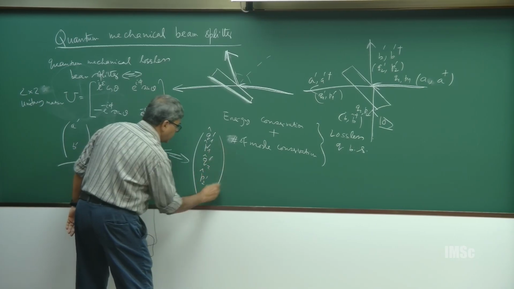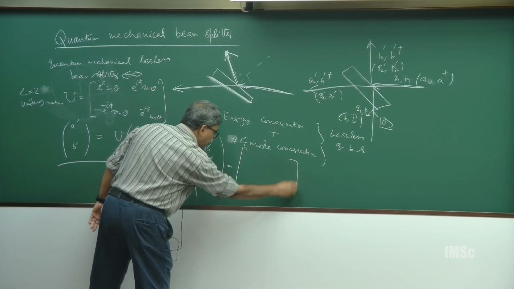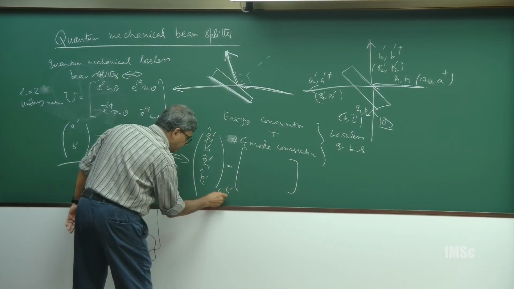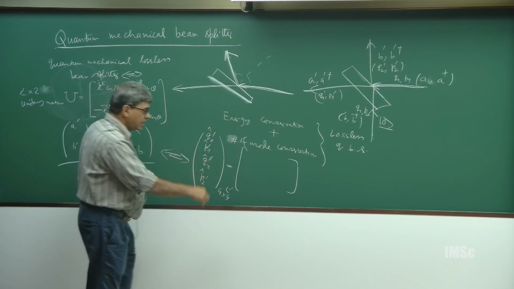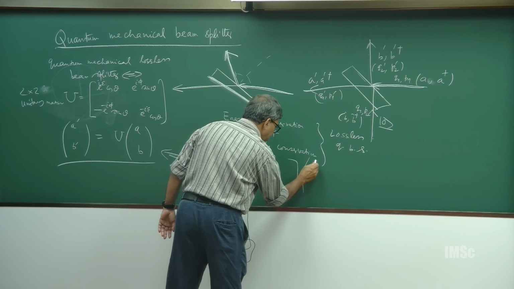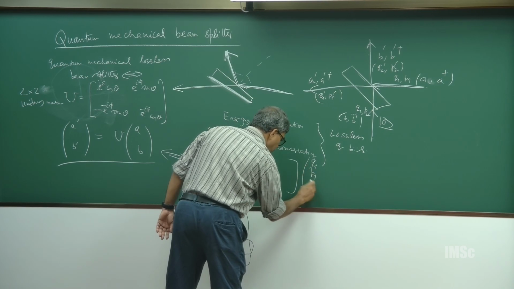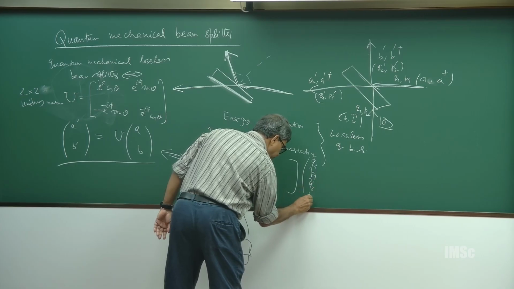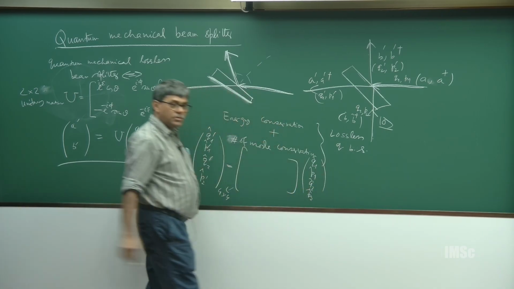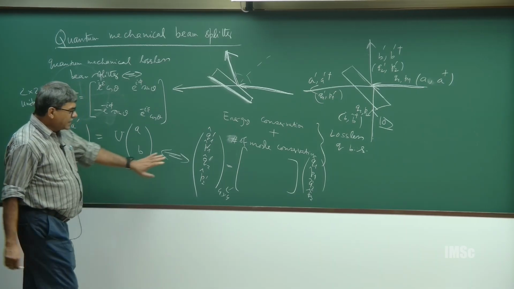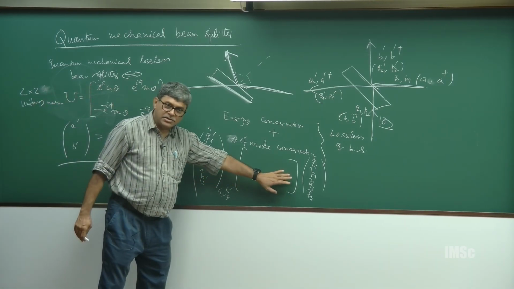So this will be a corresponding 4 by 4 real matrix acting on Q1, P1, Q2, P2, right. So this is a canonical transformation.